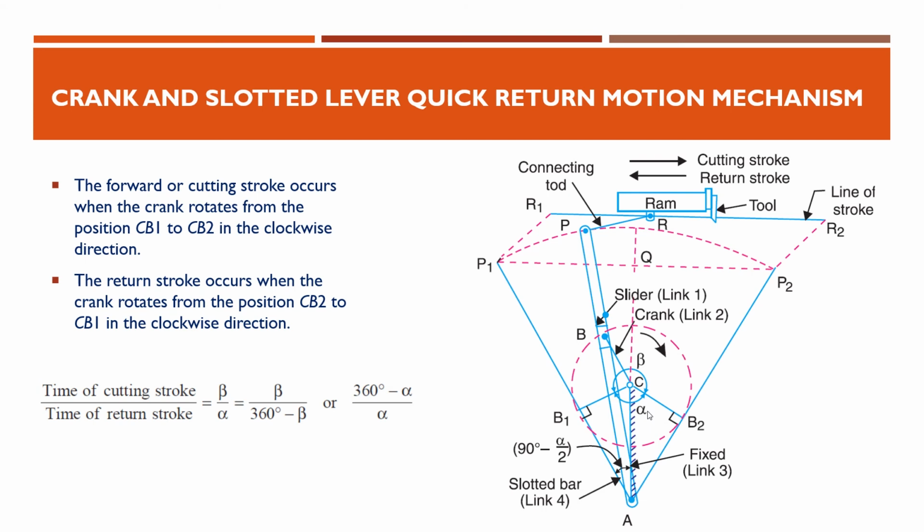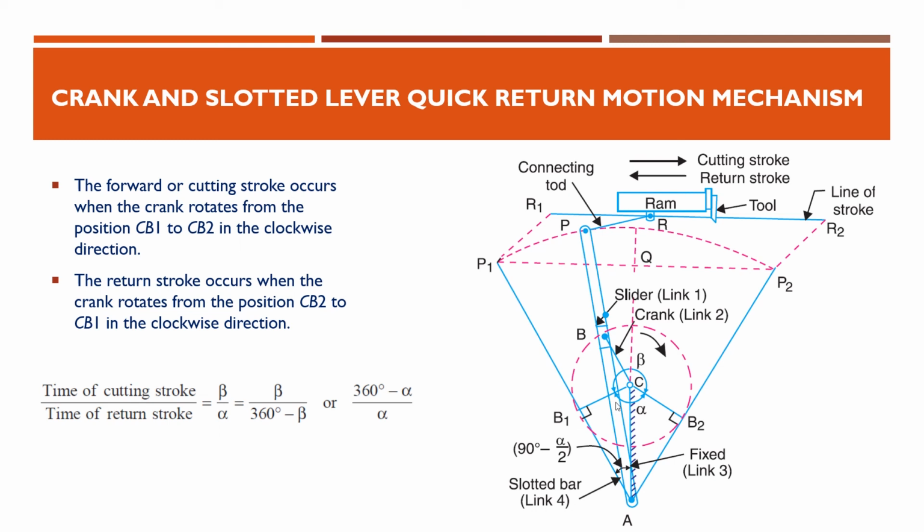Since the crank is rotating at constant angular velocity, the beta angle is larger, which means the forward or cutting stroke is lengthier, whereas the alpha angle is smaller, meaning that the return stroke, the backward stroke, is quicker. Because beta is larger and alpha is smaller, this quick return mechanism is achieved.